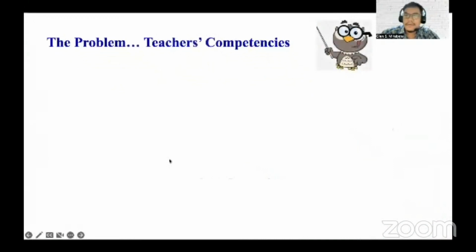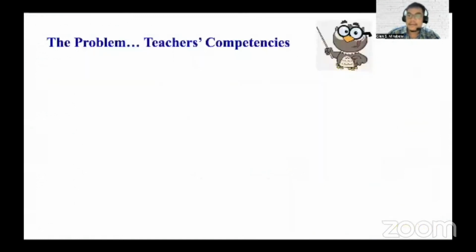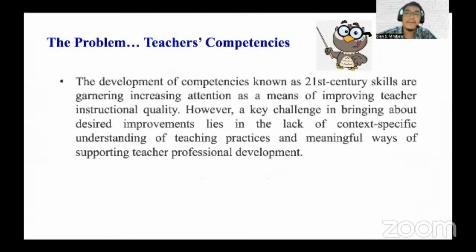You know, the problem is about teacher competencies. Why is it really a problem? The success or the quality of the institution lies in the training of the educators, and it will also be translated to students.